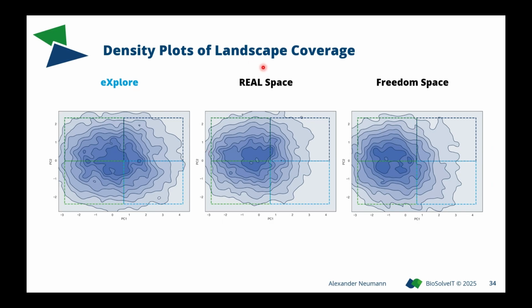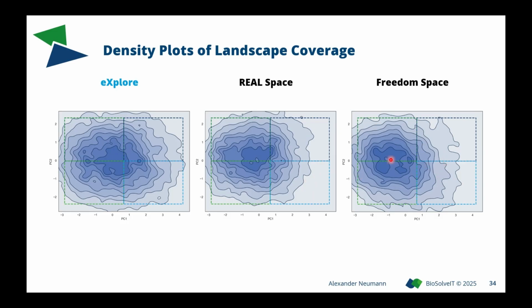On the landscape coverage, this is a density plot. We will see that Explore is actually nicely covering all 4 quadrants, and almost every single compound collection we investigated had a heavy emphasis on the rule of 5 area, whereas Real Space seems to be more trimmed, so it's more focused on the drug-like compounds, which you can see since there's almost no coverage for those zones.